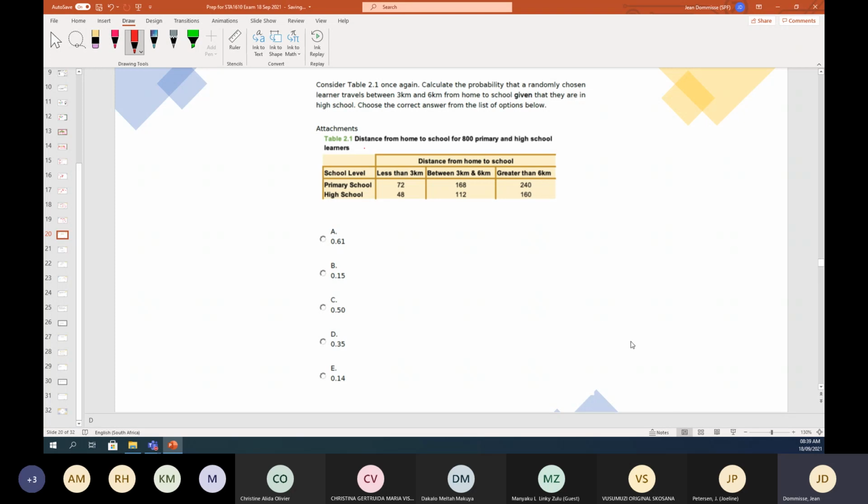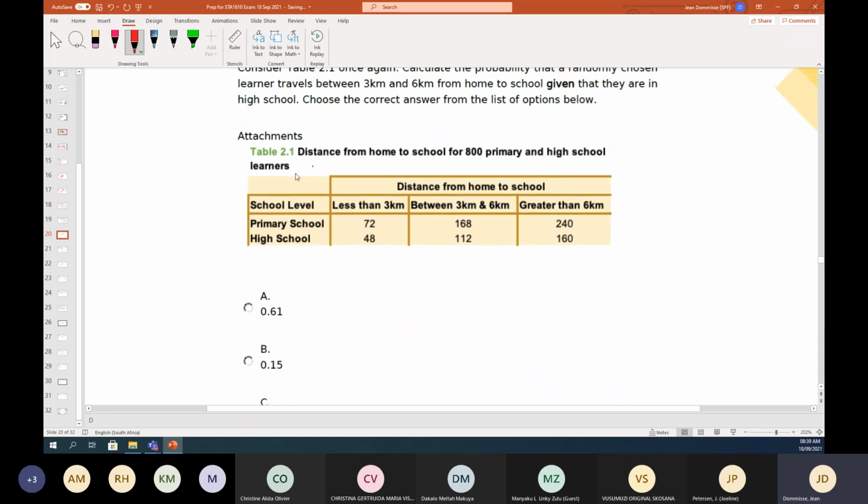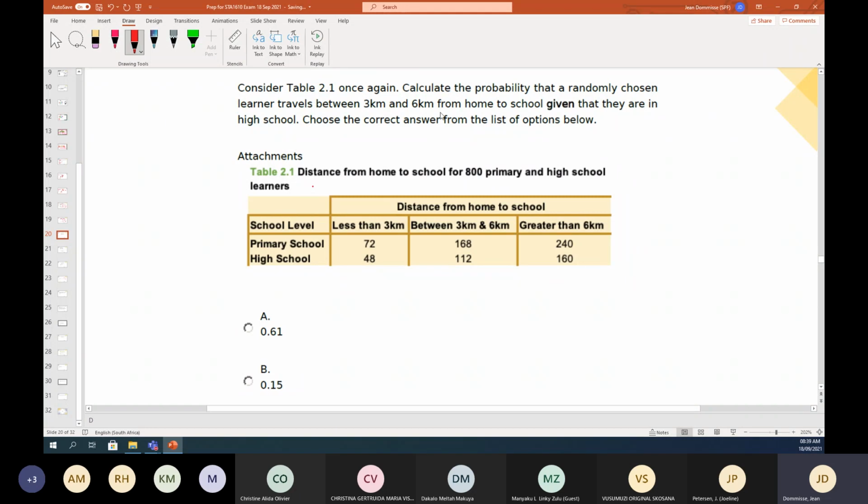Let's see if I can make it at least a bit bigger. We can go to the options later on. Okay, so they ask us, consider this table, calculate the probability that a randomly chosen learner travels between 3 and 6 kilometers from home to school, given that they are in high school.